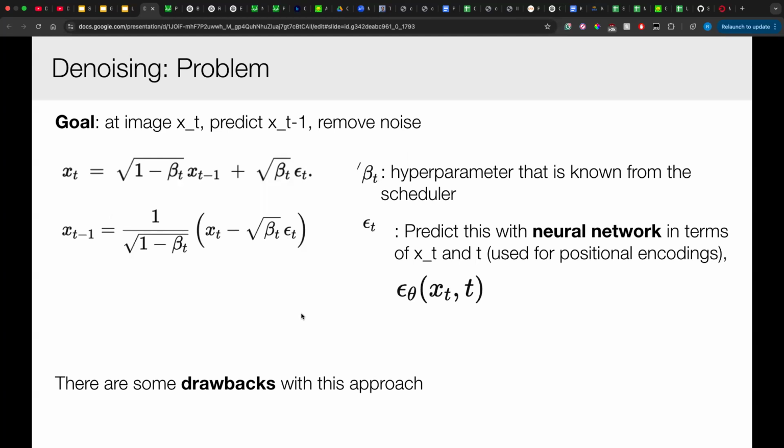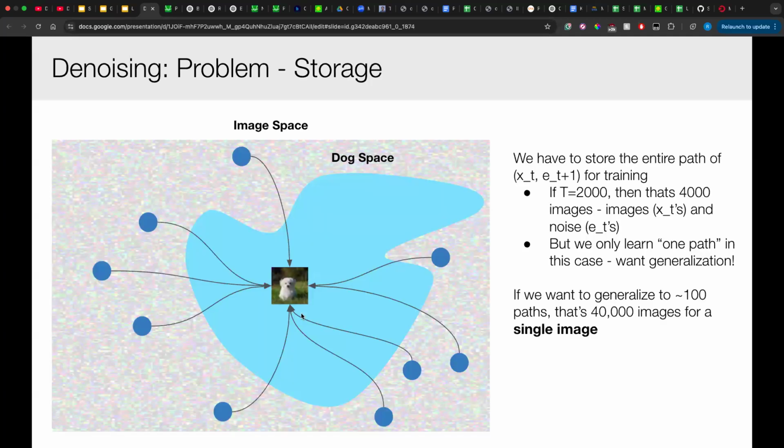But there are some very big drawbacks to this kind of approach of predicting noise at every time step and working our way backwards. This is the visualization we're familiar with. The first drawback is the pure amount of storage and compute this would require. If we just look at this top dot for now, we sample our first x of big T, some random noise, and we try to work our way back.